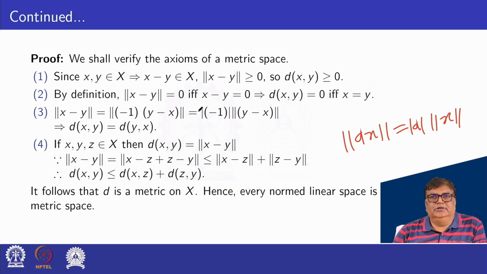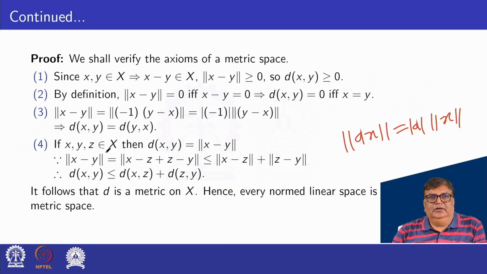So this is |minus 1| norm y minus x. |Minus 1| is 1. So norm x minus y can be written as norm y minus x. This implies that d(x,y) is equal to d(y,x).